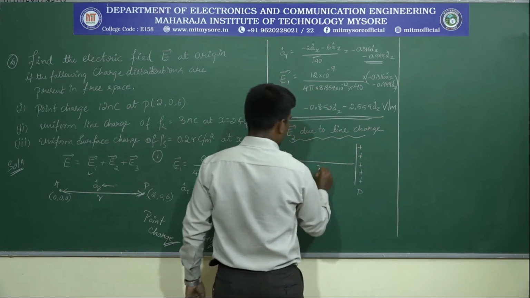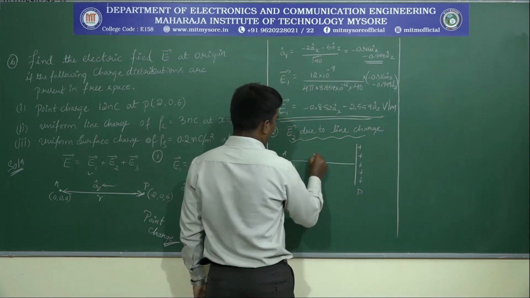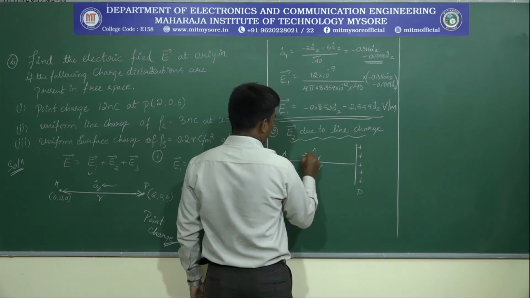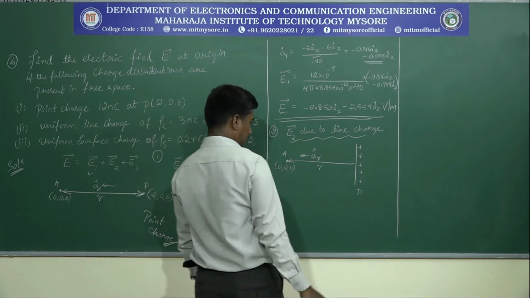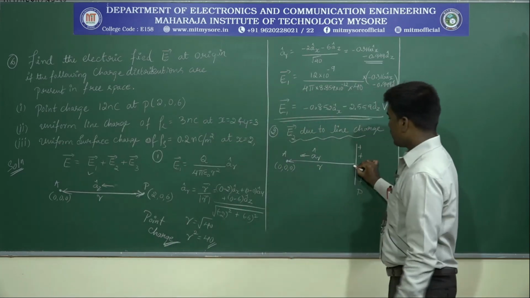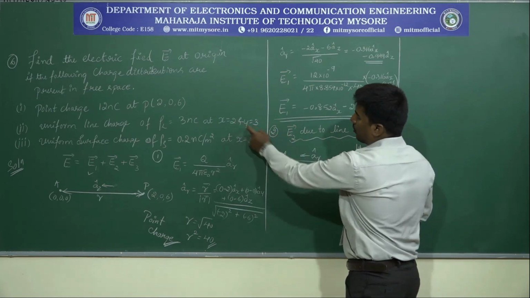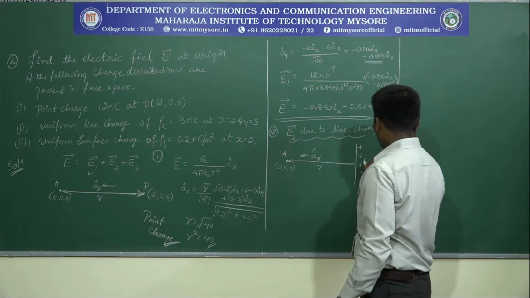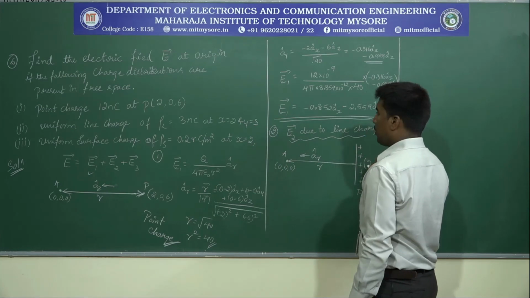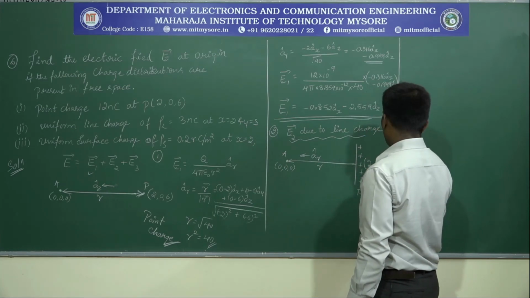Okay. So distance between these two is r. The unit vector is a cap r acting towards this point. So what is the coordinate of this point given? X is equal to 2 and y is equal to 3. Therefore, the coordinate of this point is 2, 3, 0.